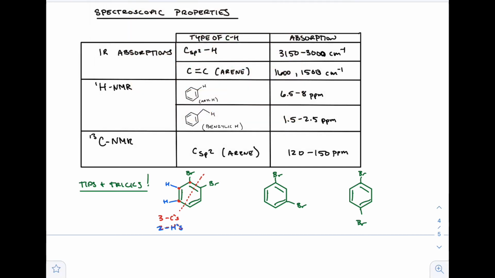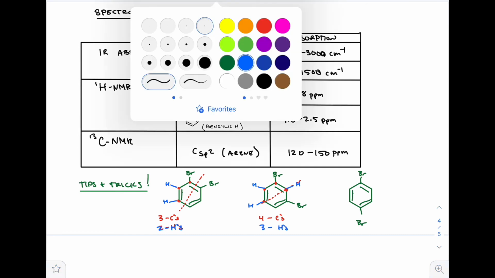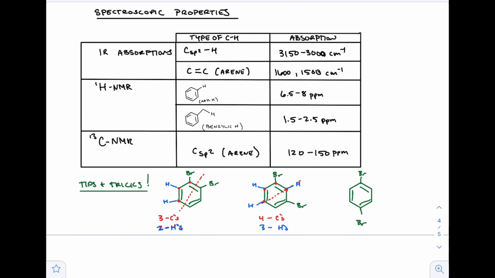So for the ortho, we have 3 carbons and 2 hydrogens, because of the symmetry plane that I've drawn with the red dotted line. But we can draw another symmetry plane for this meta-disubstituted bromobenzene. And we have 4 carbons in this case, because they all lie on the plane or on one side of the plane. And we have 3 hydrogens for the same reason.